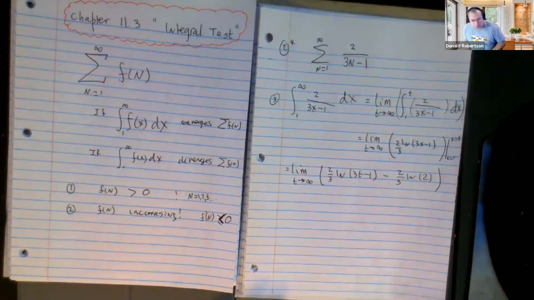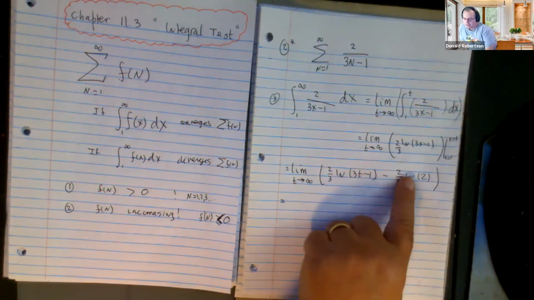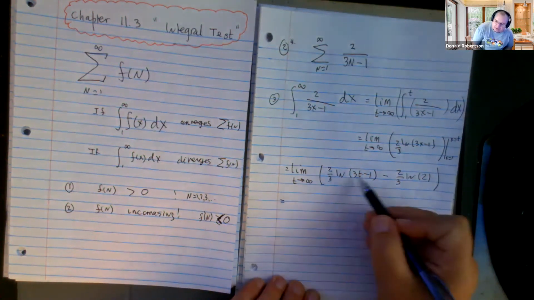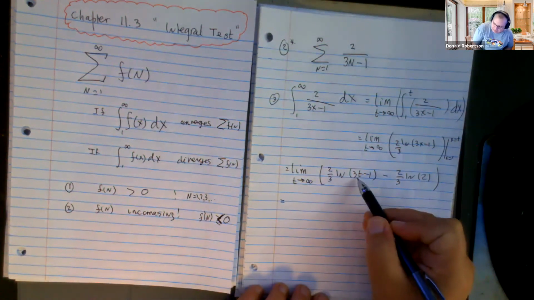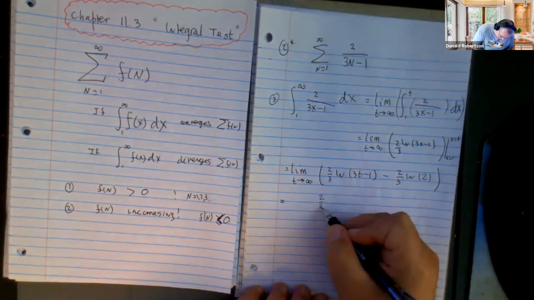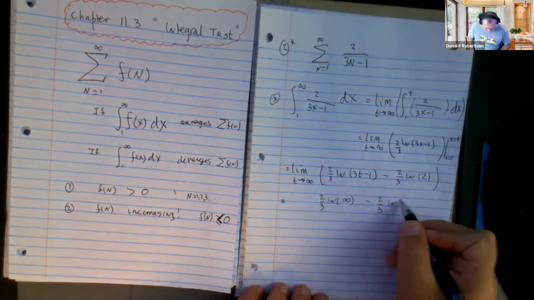Quite a lot of these, not all of them, but quite a lot of these guys that we're going to do are just going to be done by brute force, right? So that's at least something, right? Well, if you plug infinity in here, would you agree 3 infinities take away 1 is infinity? So what you've got is 2/3 the natural log of infinity, take away 2/3 log 2.